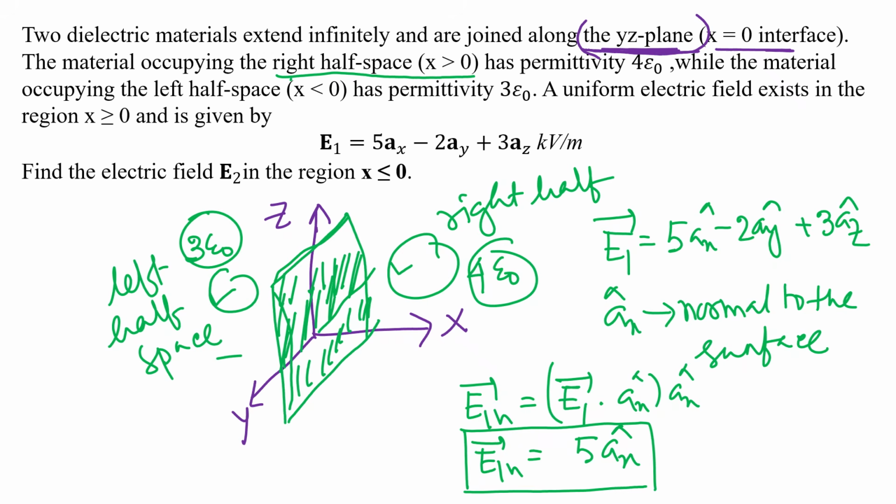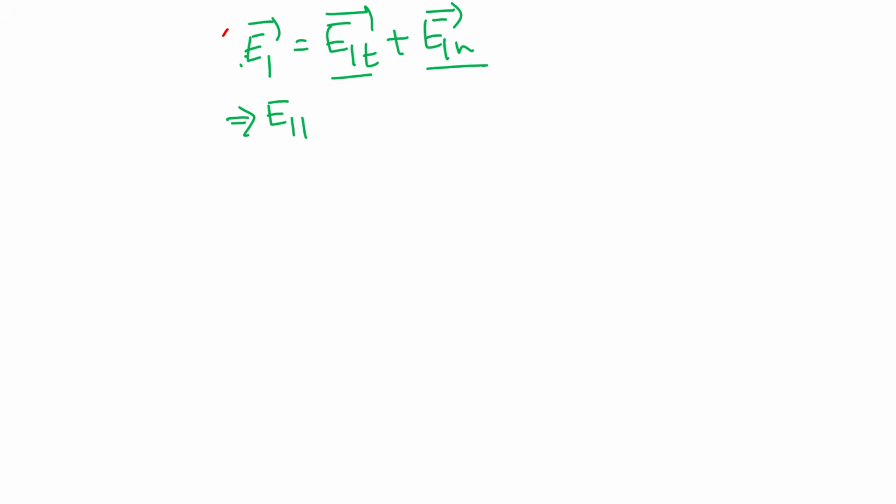Okay, so I hope you have understood how to identify the normal component of the electric field. So if this is the normal component of the electric field, what will be the tangential component? Tangential component can be calculated as E1 vector equals E1t vector plus E1n vector. That means E1 vector is the sum of the tangential component and the normal component. So from this equation we get E1t vector equals E1 vector minus E1n vector.